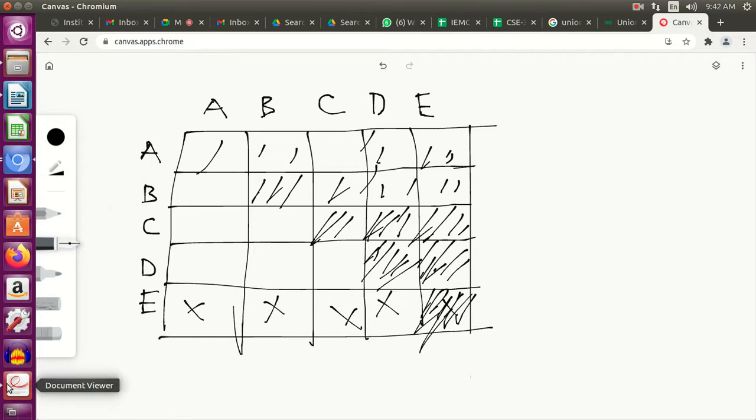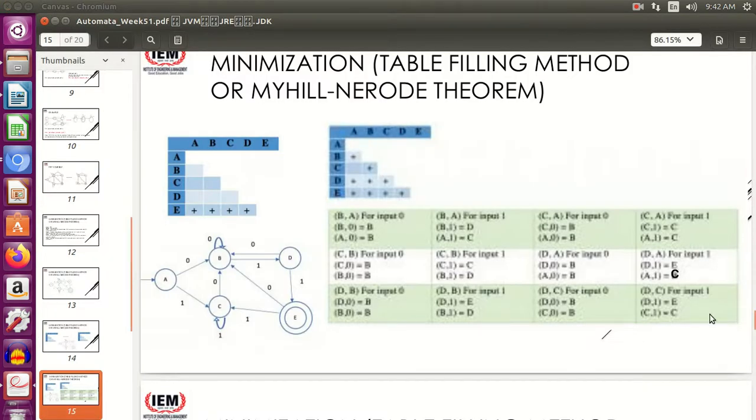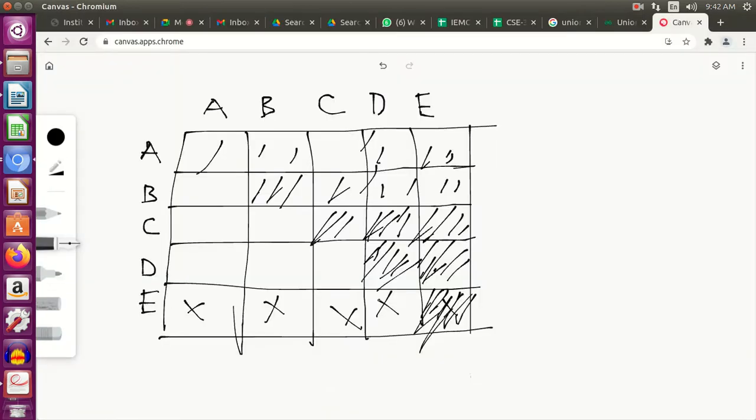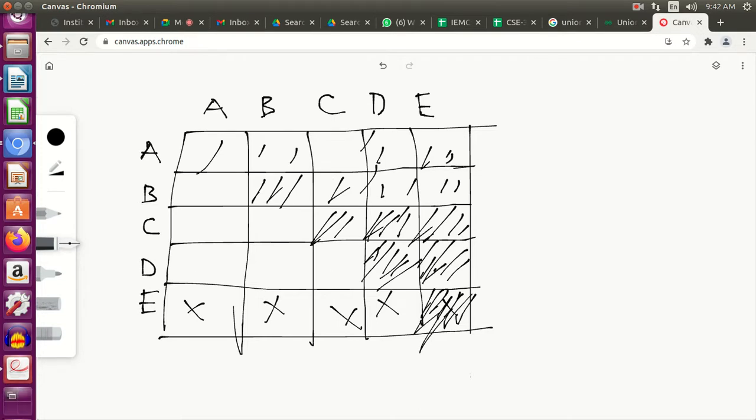DE is already marked, so we do not have to check for it. All these are already marked, so we will start checking from the pair CD, to see if we can mark it or not.